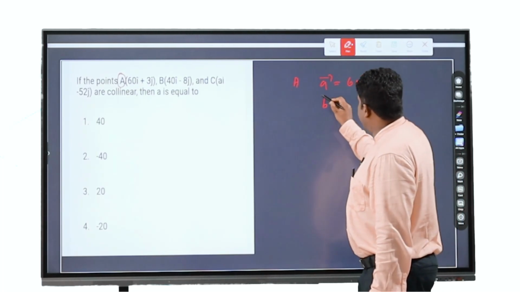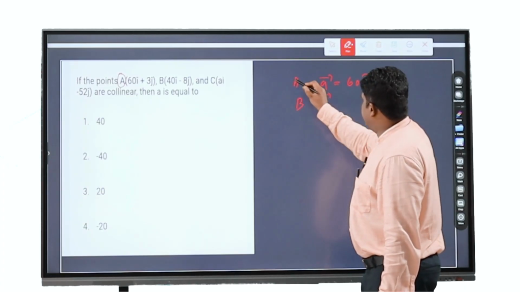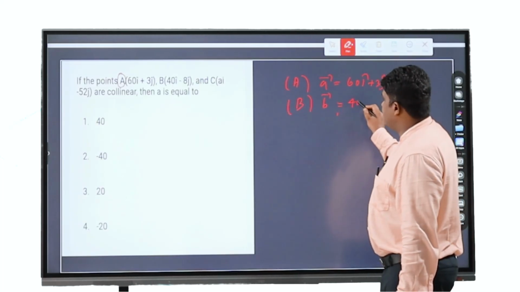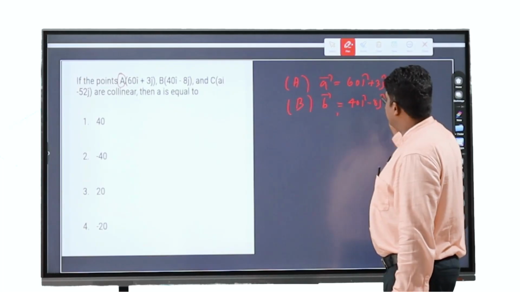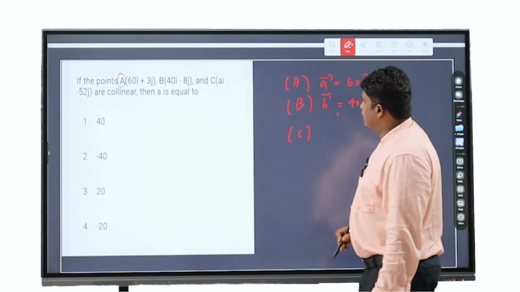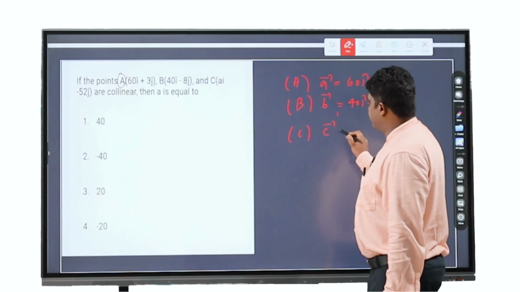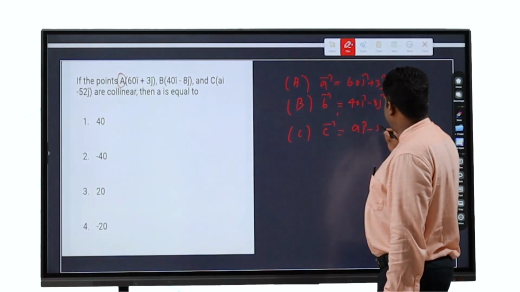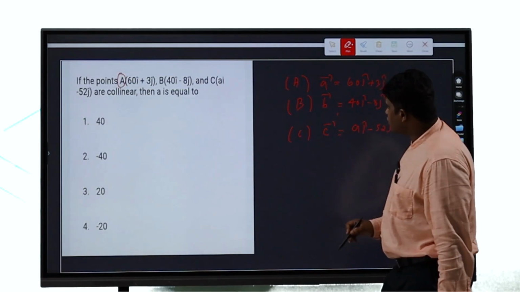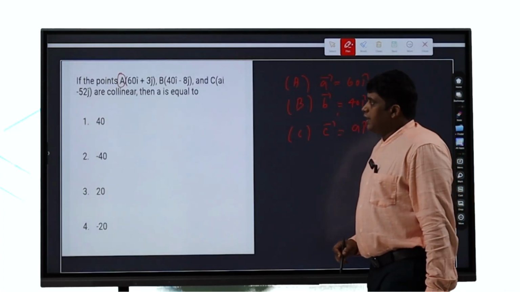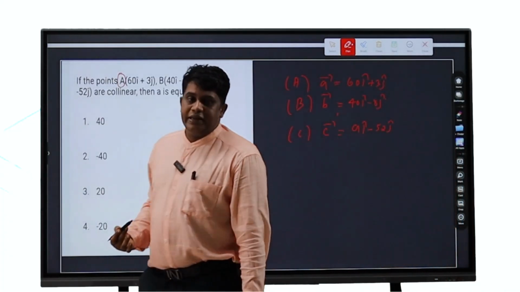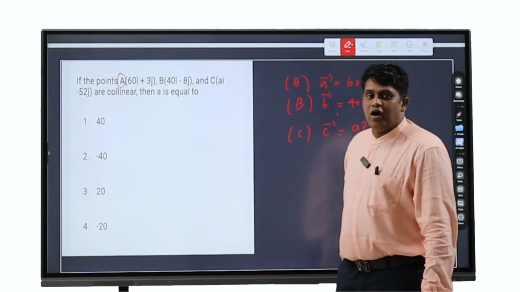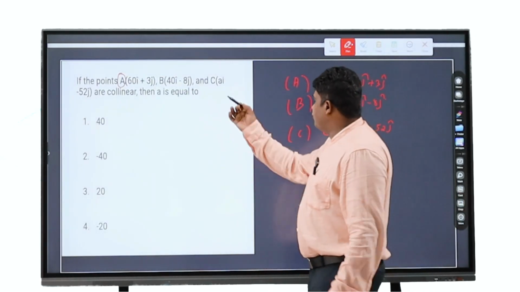Similarly, the position vector of B is given, which is 40i minus 8j. Similarly, the position vector of C is given, that is C vector equal to ai minus 52j. These points are collinear, and we have to find the value of a.